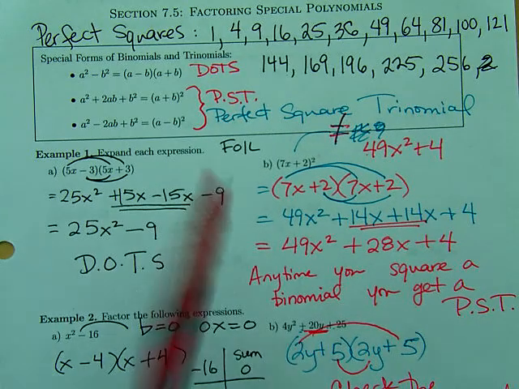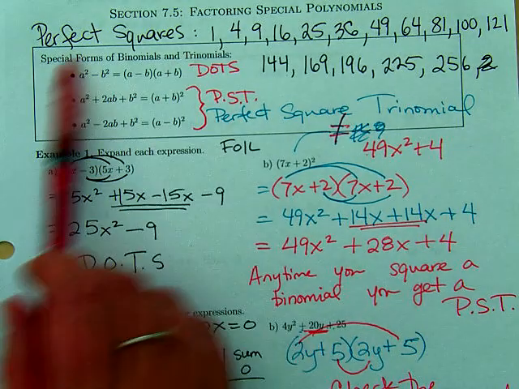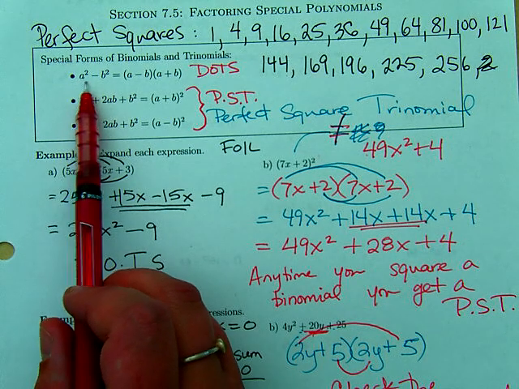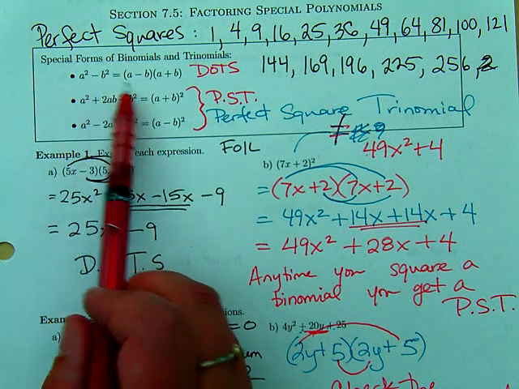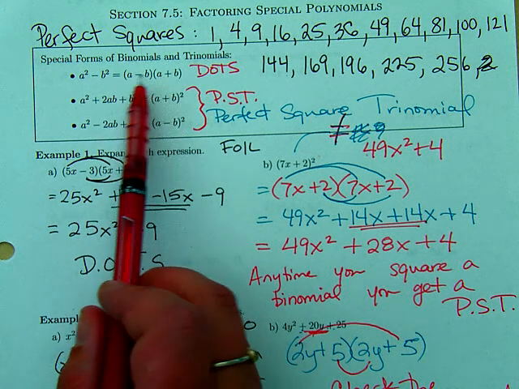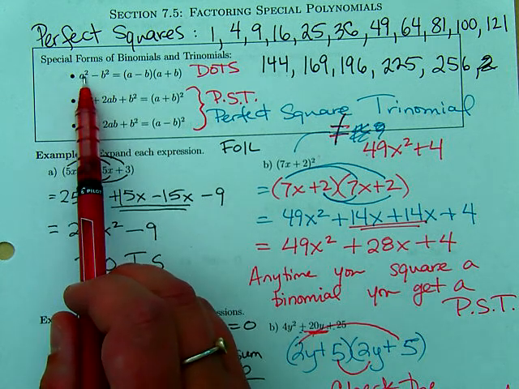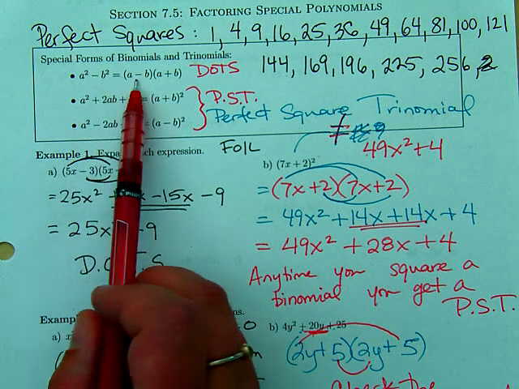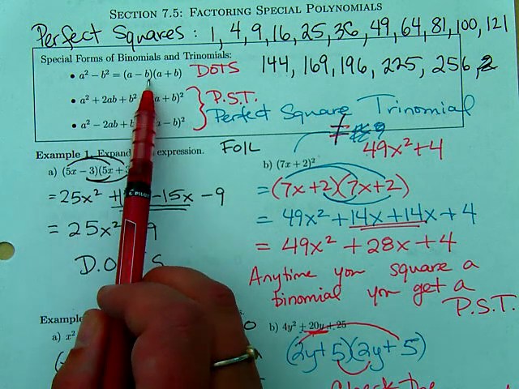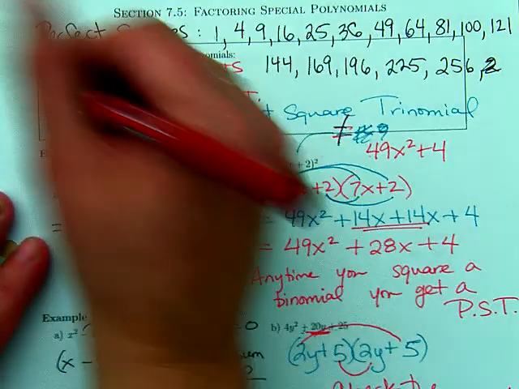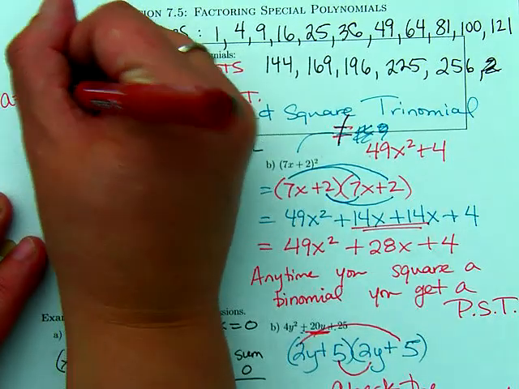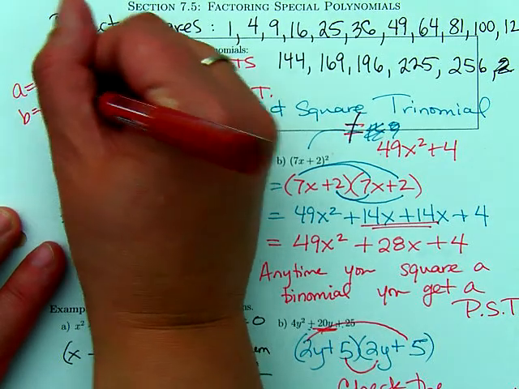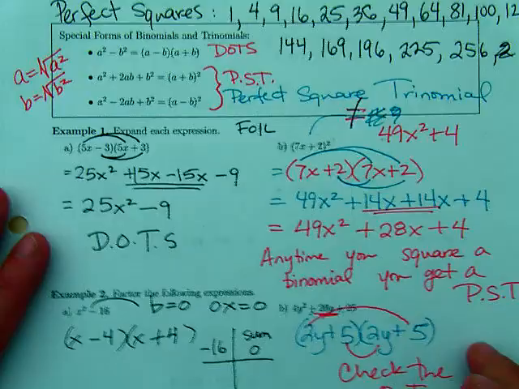So if we look at these formulas back up top, the difference of two squares is saying a squared minus b squared is going to always factor into a, which was a times a, okay, minus b, meaning the square root. Essentially, a is equal to the square root of a squared, right? B is equal to the square root of b squared.